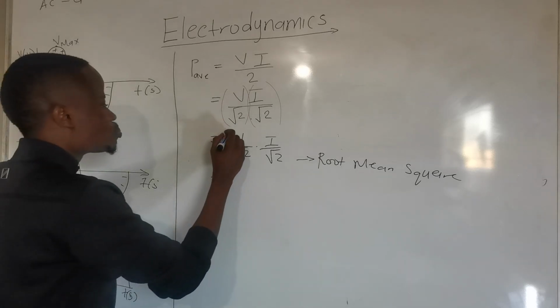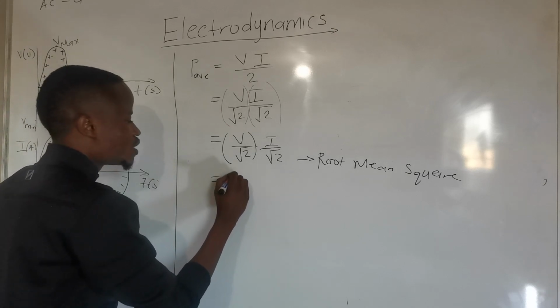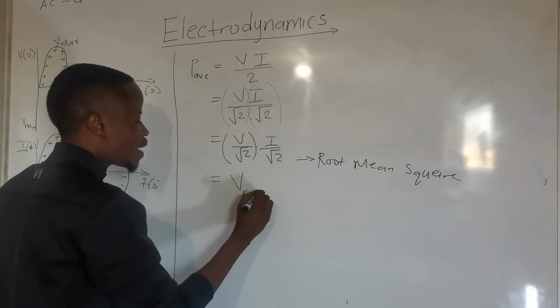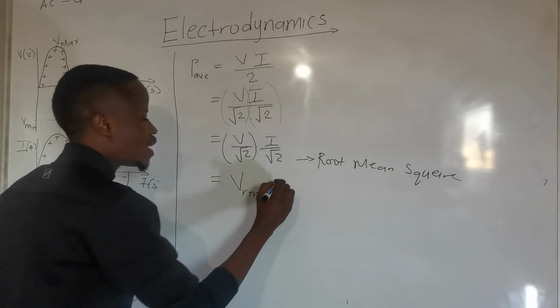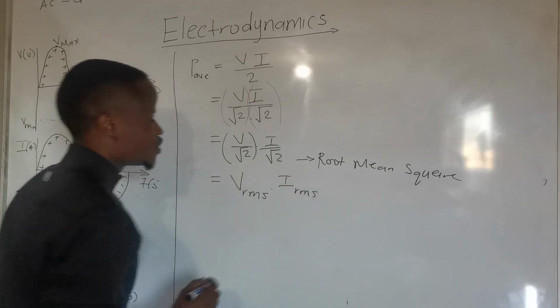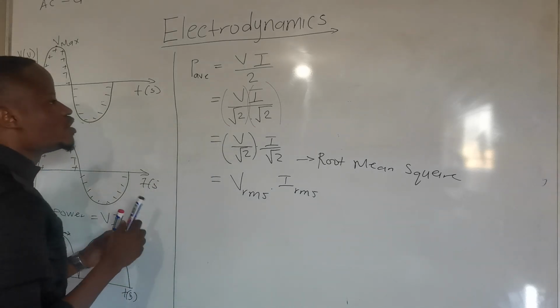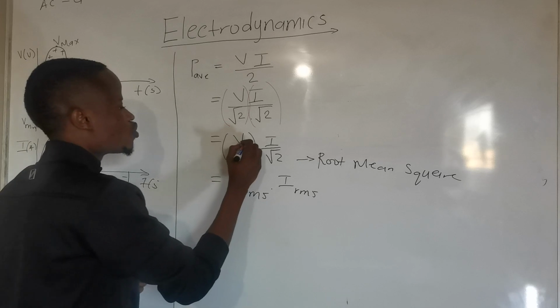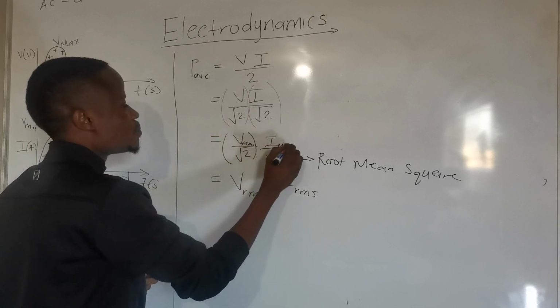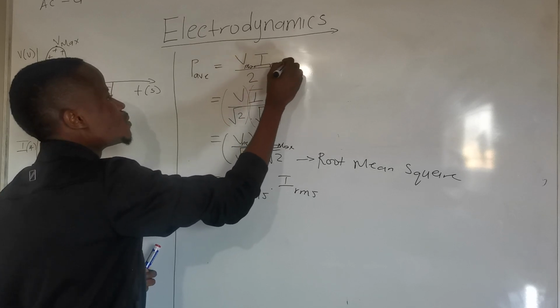So this particular thing is going to be called VRMS multiplied by IRMS. So VRMS is the same as saying Vmax over root 2. Sorry, I forgot the max there. This is the maximum. Remember, those are the maximums.